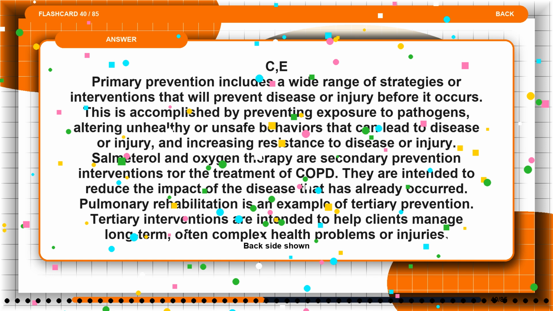Salmeterol and oxygen therapy are secondary prevention interventions for the treatment of COPD. They are intended to reduce the impact of the disease that has already occurred. Pulmonary rehabilitation is an example of tertiary prevention. Tertiary interventions are intended to help clients manage long-term, often complex health problems or injuries.